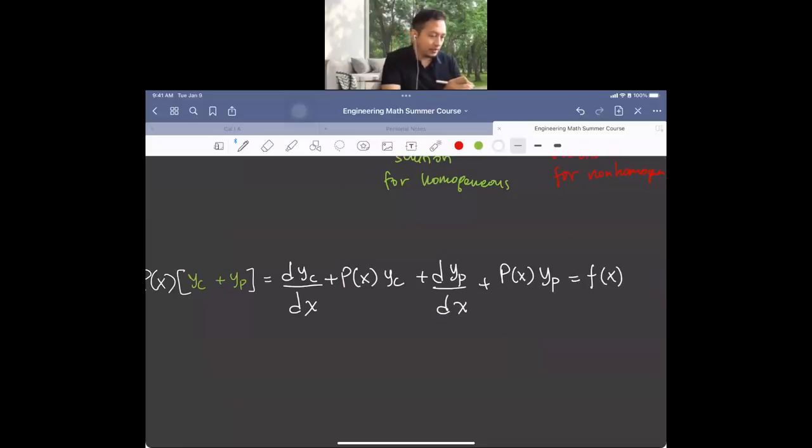Now observe that if this is homogeneous, then the total will be 0, right? The total here is 0. And the other one is actually the f of x, right?